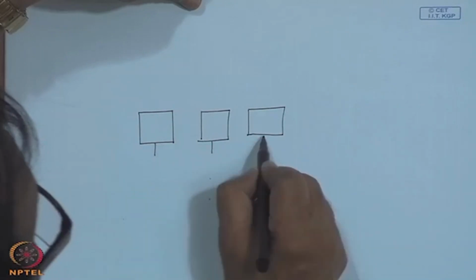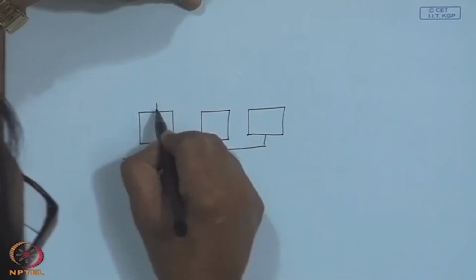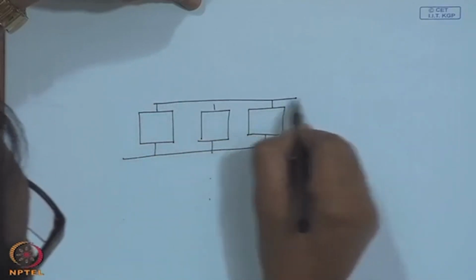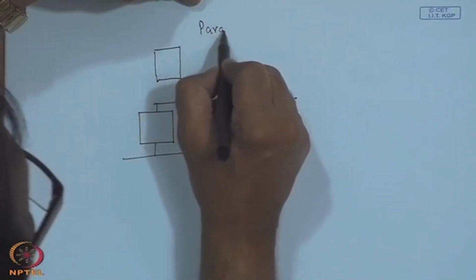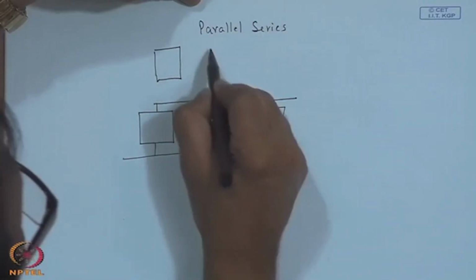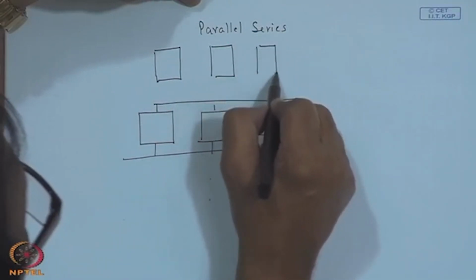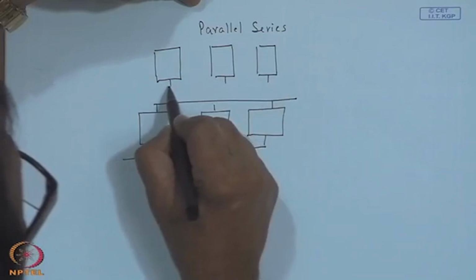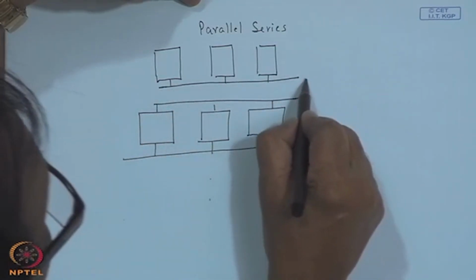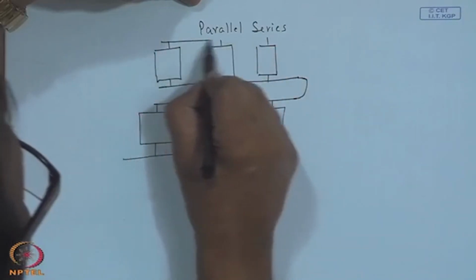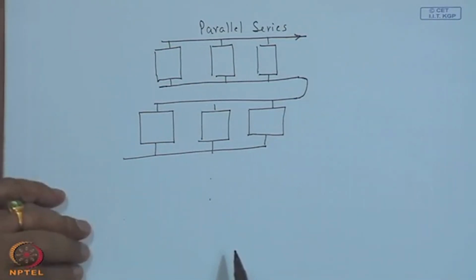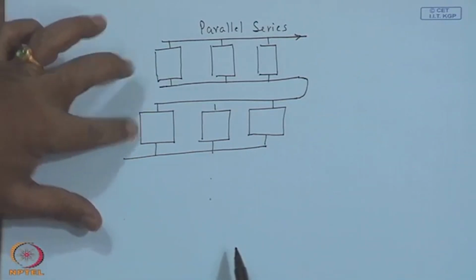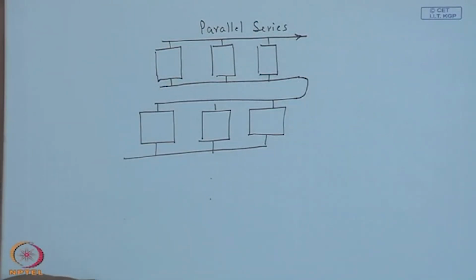These are in parallel, then I have, so this is, so it is a question of I have deliberately chosen 6, so that I can make 3 of them in parallel with 2 series and 3 of them in series with 2 parallel, call it parallel series or series parallel.